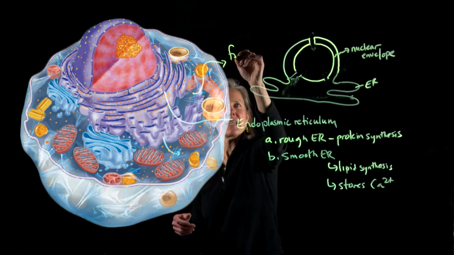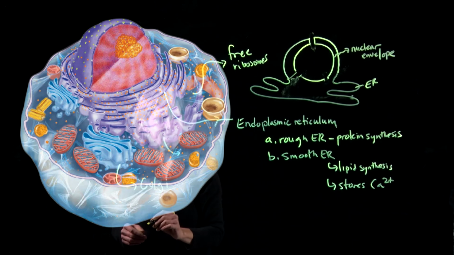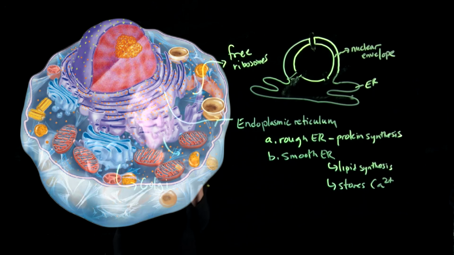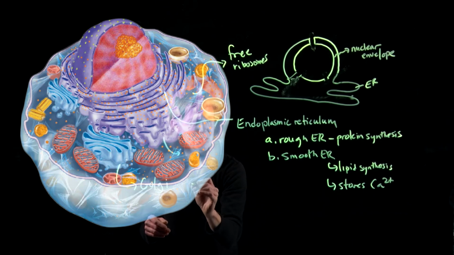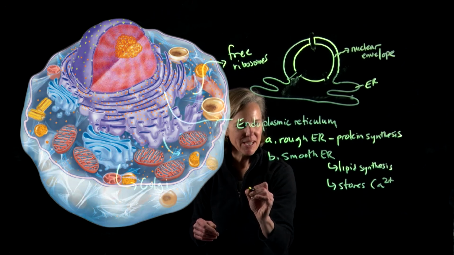Okay. The next structure I'd like to talk about, or the next organelle, is the Golgi. The Golgi has this lovely sort of pancake-like structure, which I'm going to draw out here.